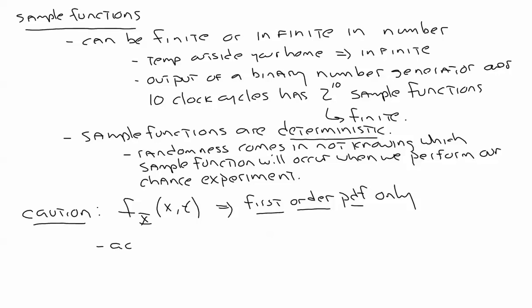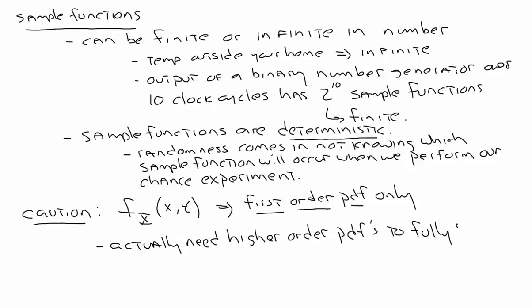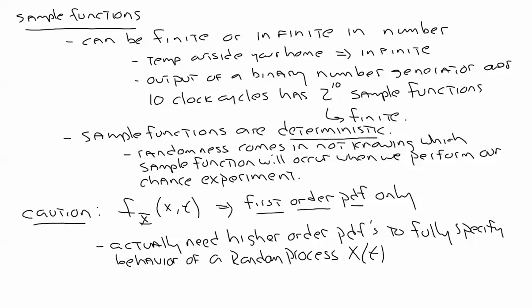So strictly speaking, we need higher order PDFs to fully specify the behavior of a random process. We will go no higher than the second order.